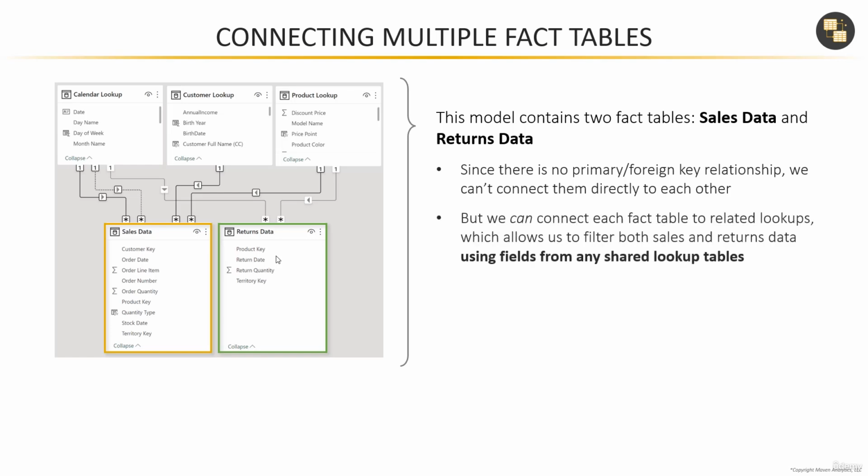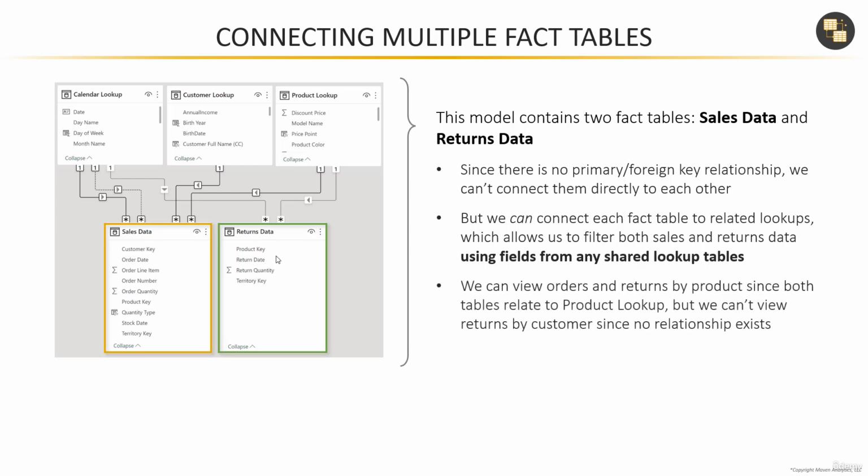But what we can do is connect each of these fact tables to any related lookup or dimension tables in our model. In other words, we can wire in this returns data table and connect it to lookups just like we did with our sales data table. And when we do that, something magical happens. It means we can filter values from both of them, like order quantities and return quantities, using fields from any shared lookup tables.